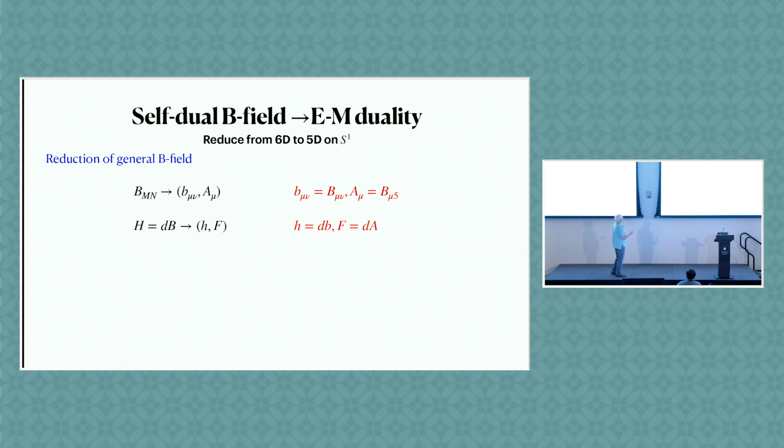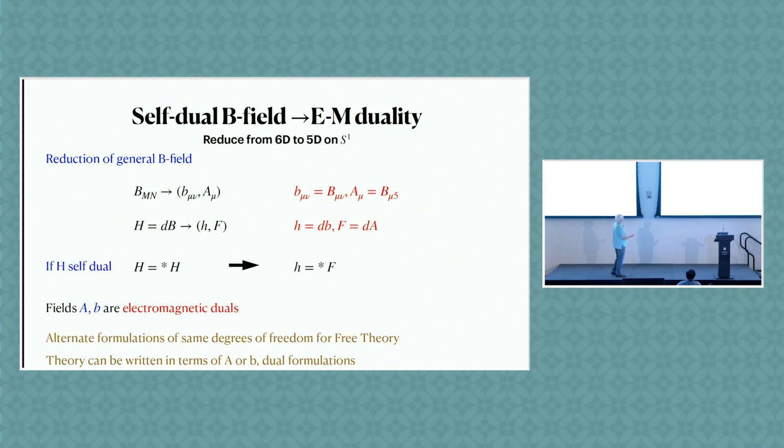Normally this would give rise to 2 different fields, but if in 6 dimensions you have the self-duality constraint, then this implies that the field strength H is the 5-dimensional Hodge dual of the 2-form F. In this way, it's saying that in 5 dimensions, A and B are electromagnetic duals, and we can think of these in the free theory as giving alternate formulations of the free theory.